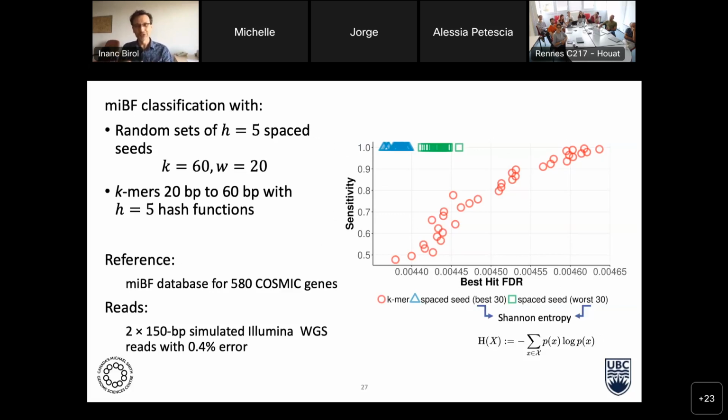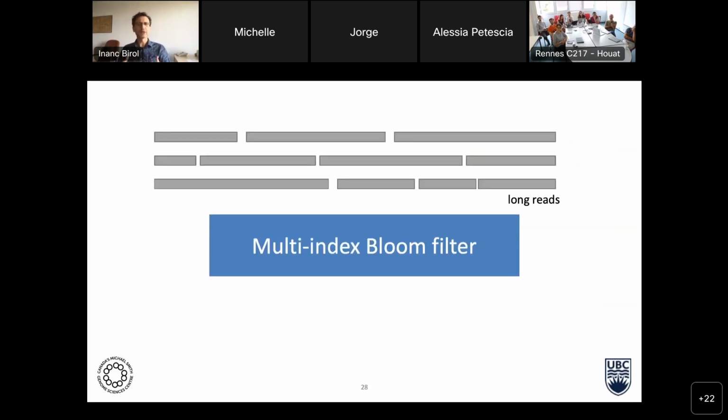I'm going to quickly go through this. Don't sweat, it is really difficult to build bad spaced seeds. Any spaced seed is better than a corresponding k-mer if you are looking at the sensitivity versus FDR plane. Okay, so now how do we use these MyBFs in GoldRush?